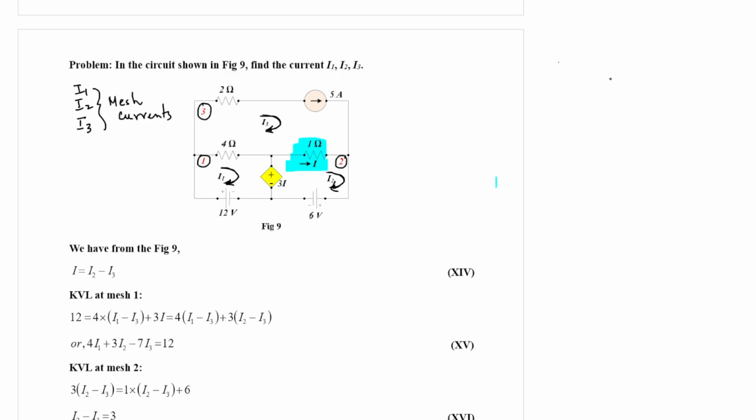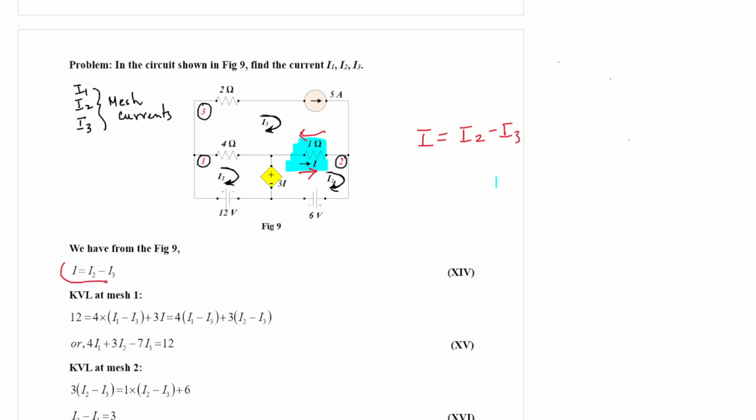If you closely look, through the 1 ohm resistor, I3 is flowing from right to left, and I2 is flowing in this direction. So naturally we can write that current I flowing through the 1 ohm resistance is nothing but I2 minus I3. That is our first equation.